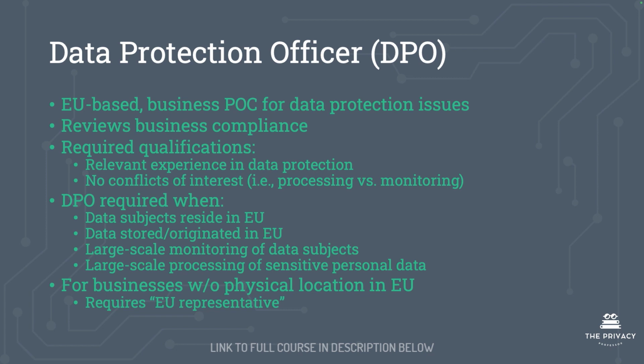These include relevant work experience in data protection and no conflicts of interest. You might remember from a previous lecture that we encountered the term separation or segregation of duties. This is similar to a 2-person control. We want there to be 2 people we can trust in order to carry out a particular duty or responsibility. In this case, we want no conflicts of interest. So we don't want someone who's processing the data to also be responsible for monitoring the processing of the data.